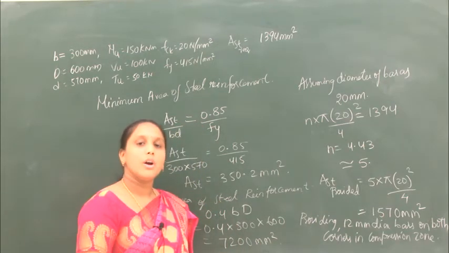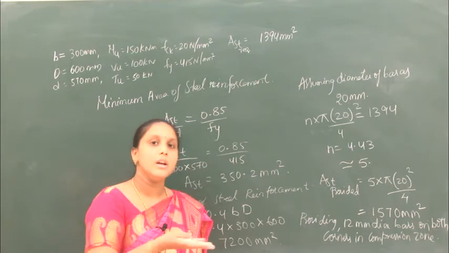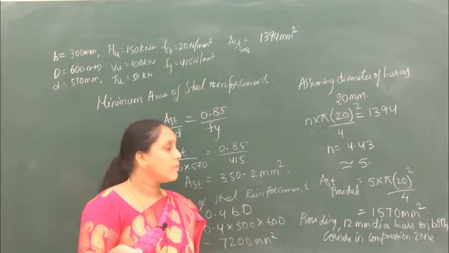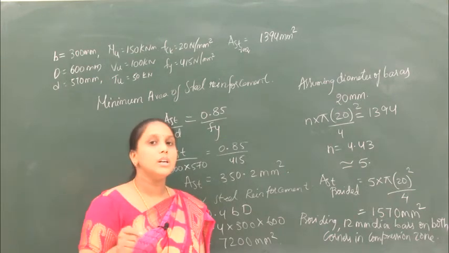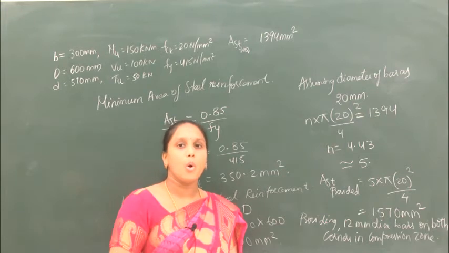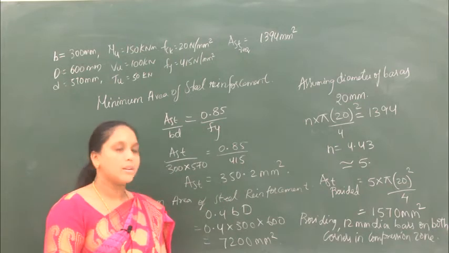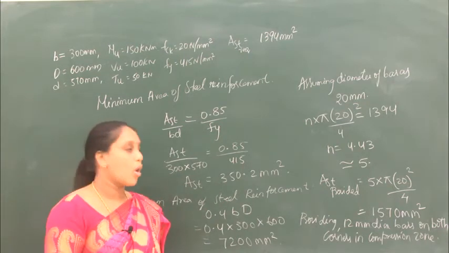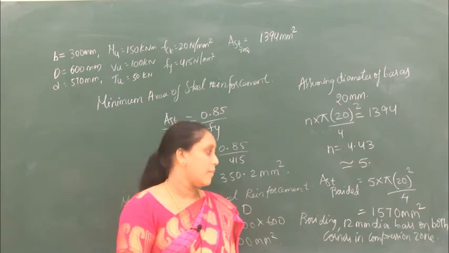When we provide the stirrups, we cannot provide the stirrups only if there is a bottom reinforcement. So we have to provide a minimum dia of bars so that the stirrups can be held properly. For that reason I am providing minimum bars, 2 bars on both the corners, and the dia of the bar being 12 mm.